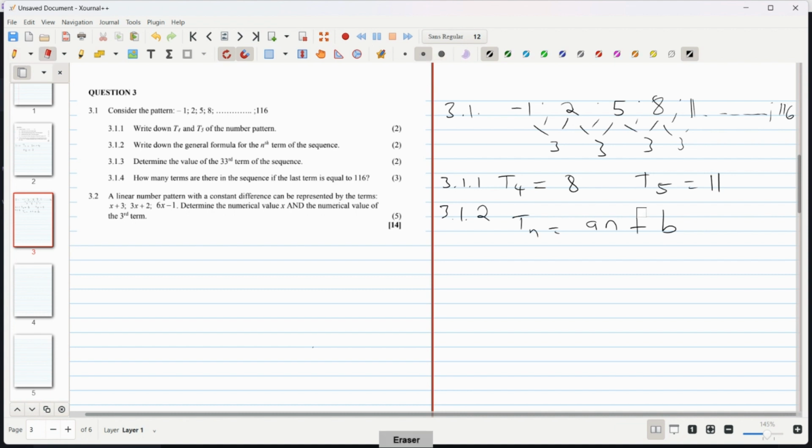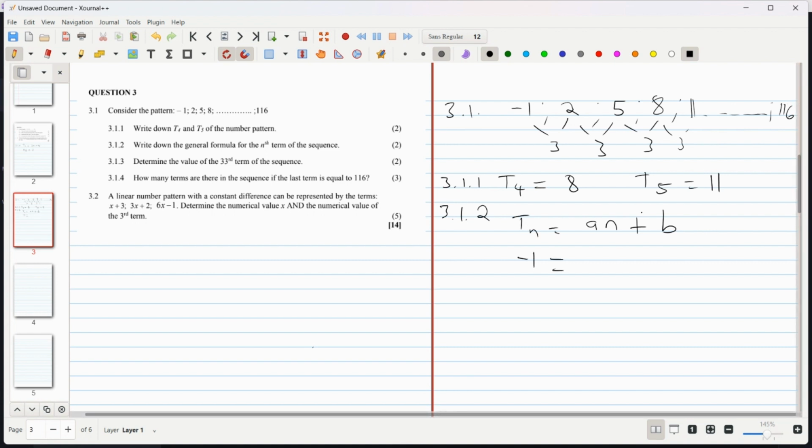We know that our a is the constant first difference, which is 3. And Tn is the value of the term. It's either the value for the first term, second term, third term, or fourth term, so you choose. In this case, we can choose the first term. The value for the first term is -1. And then this will equal a.